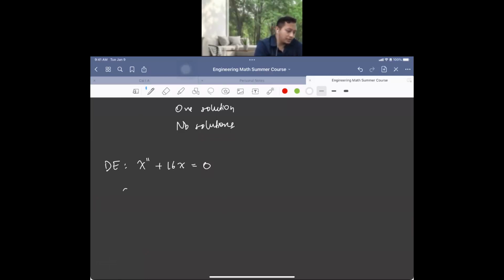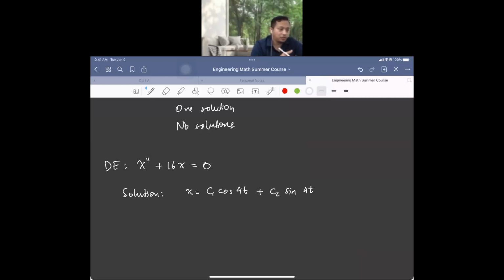The solution is x equals c1 cosine 4t plus c2 sine 4t, and you can check the confirmation. You can differentiate twice and see whether it makes up to 0 or not. Based on what we have before, we can verify this solution is true.